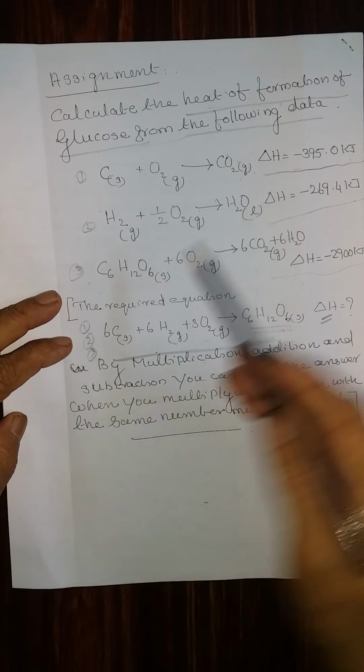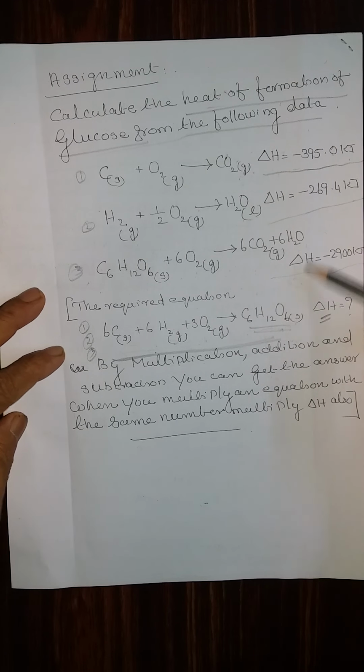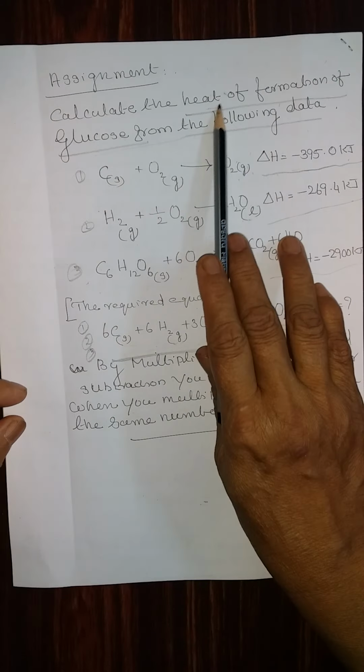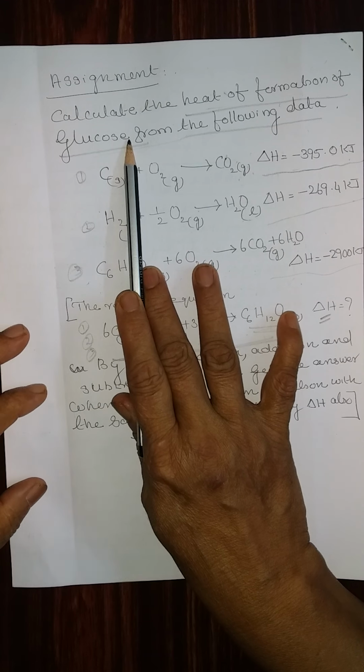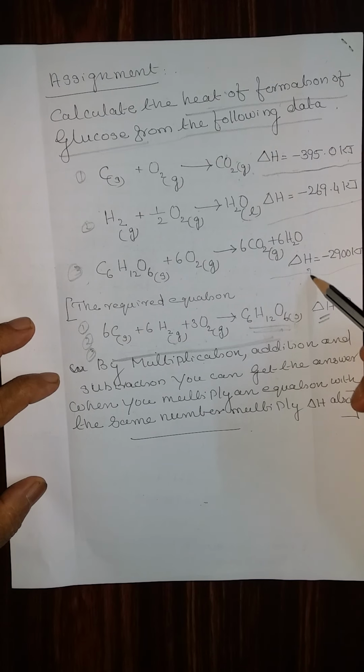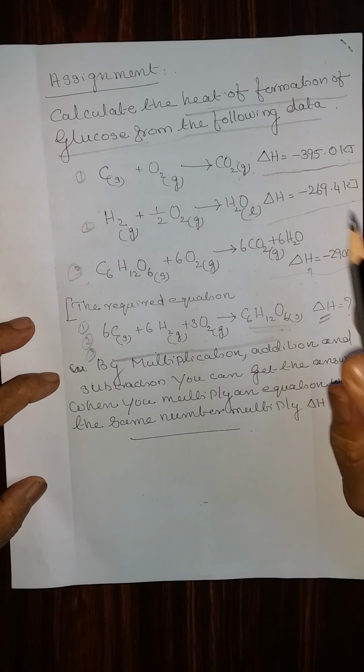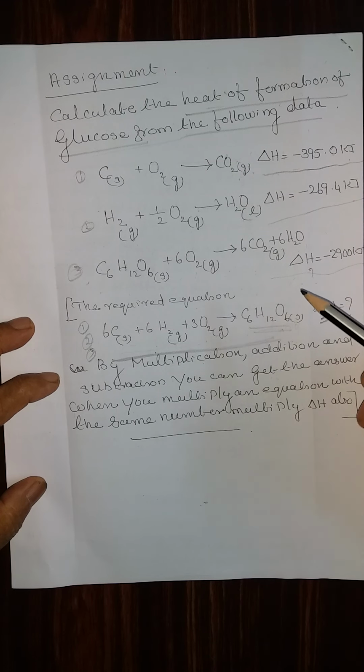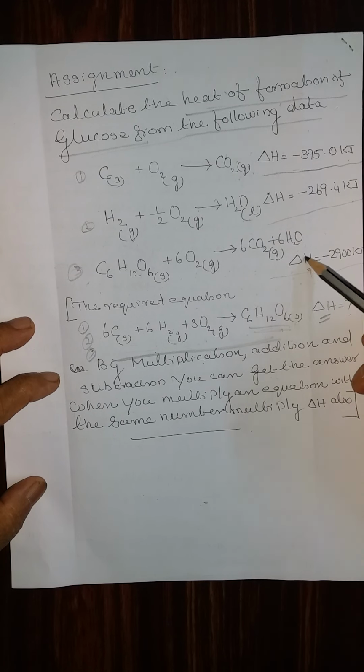But in this question, nothing is mentioned about the heat of formation of glucose. That means how glucose is formed is not mentioned. You have to find out an equation for the formation of glucose, and what elements are required.